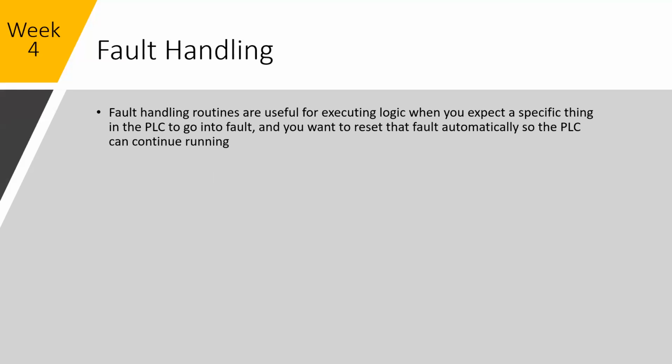So again, fault handling routines are useful for executing logic when you expect a specific thing to fault for the controller and you want to reset that so that your process can keep running. Automatic fault routine is only meant for minor faults. Normally, major faults can't be automatically cleared.